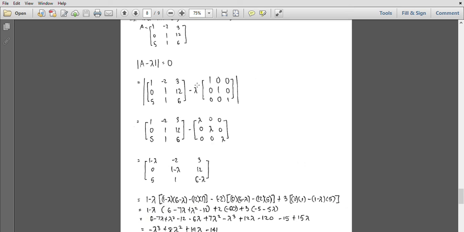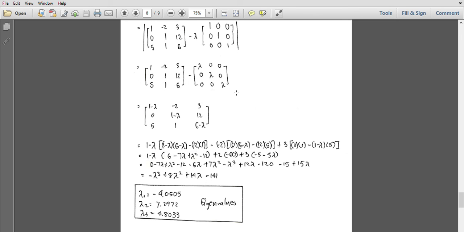Then lambda times 1 from the identity matrix, we got this equation. Then we simplify this equation and we got this result.